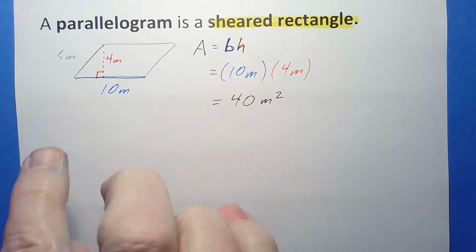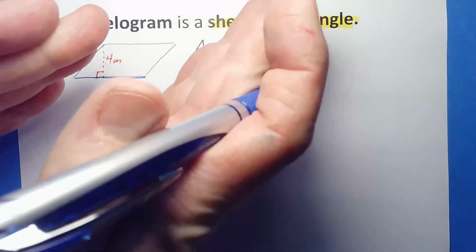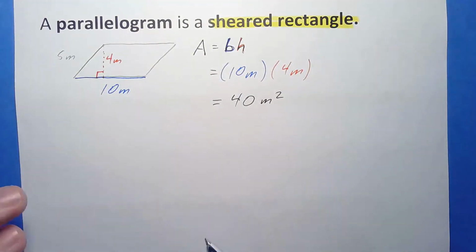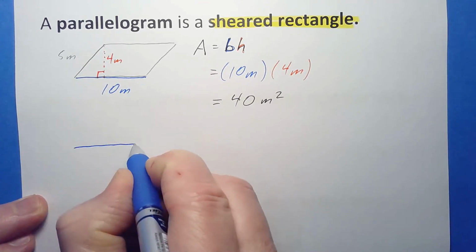You can think of this as what I said before, a sheared rectangle. So if I take this parallelogram and straighten it out, the base is certainly not going to change. This is going to be 10 meters.